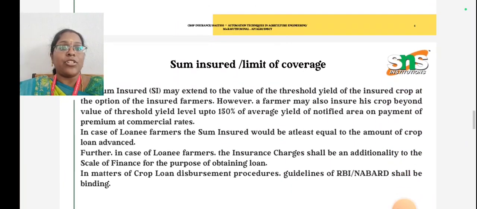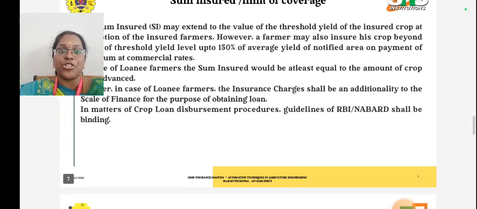Sum insured and the limit of coverage: in the case of a loanee farmer, the sum insured will be at least equal to the amount of crop loan advanced, and the insurance charges shall be an additionality to the scale of finance for the purpose of obtaining that loan. In matters of crop loan disbursement procedures, guidelines of RBI and NABARD shall be considered, and the value of the threshold yield level will be up to 150% of the average yield of the notified area on payment of premium at commercial rates.